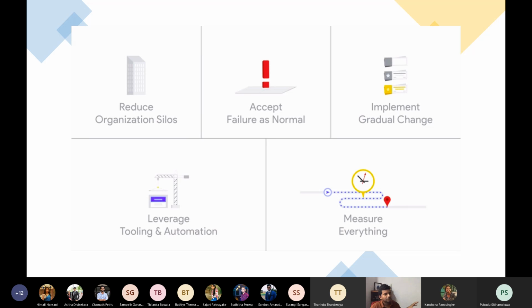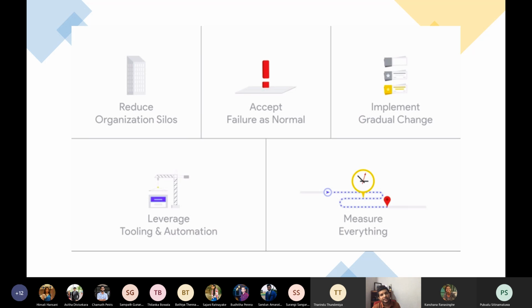We have these different teams in an organization, but all of them are working towards a common goal: to make their customers happy, to produce a reliable system. So we need to think of ways to reduce these barriers and make sure that everyone works together as one unit. That is important.